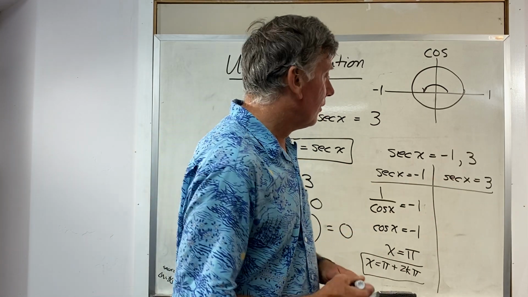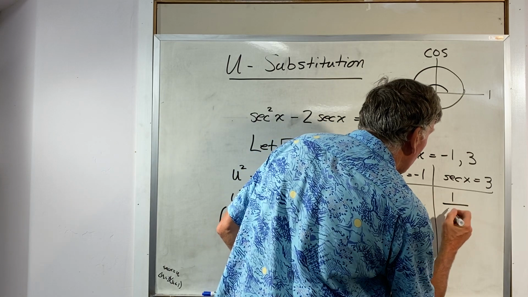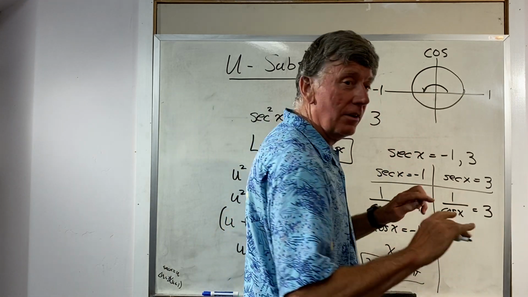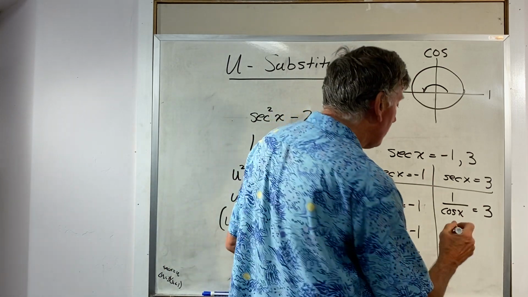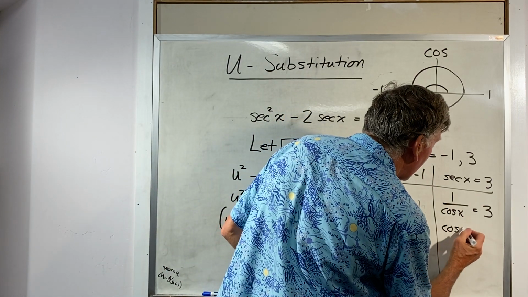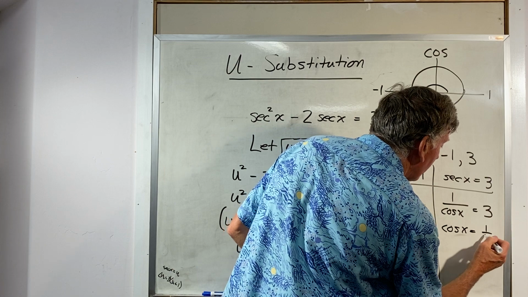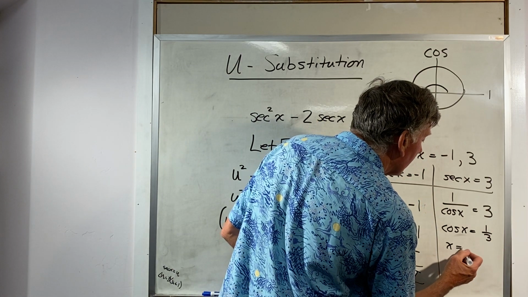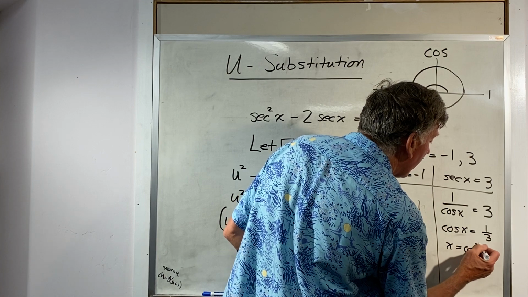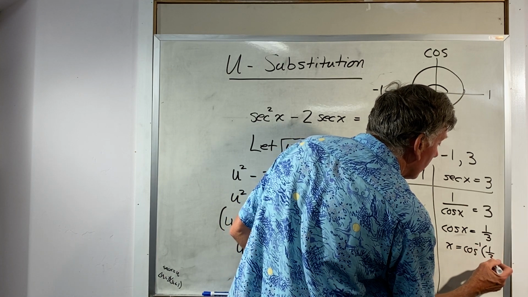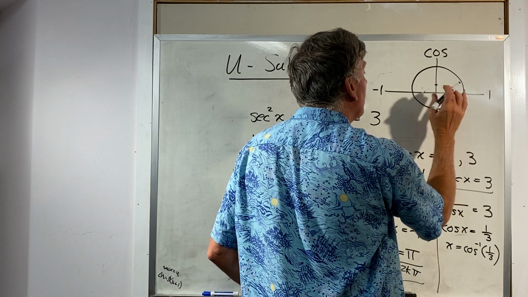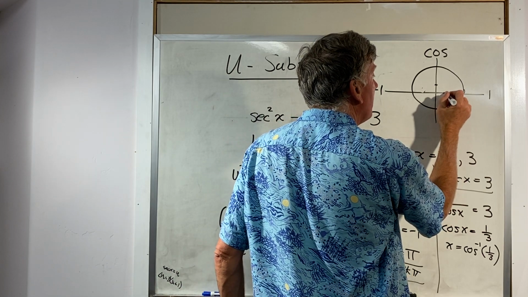Secant of x equals 3, that means that 1 over the cosine of x is equal to 3. Now I'm going to basically flip everything, which means that the cosine of x is equal to 1/3. That means that x is the inverse cosine of 1/3. And I look at my unit circle now and I say, okay, 1/3, that's going to be right about there.